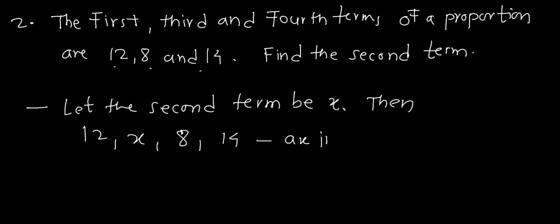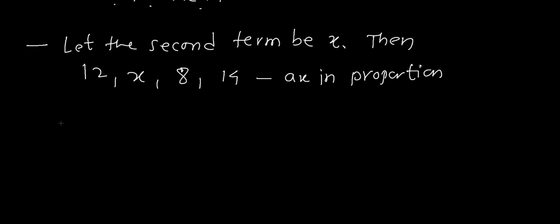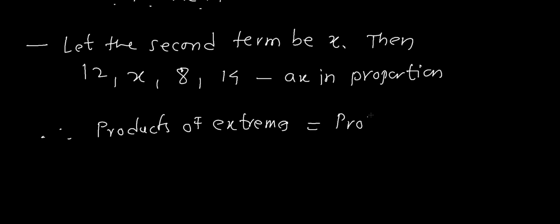are in proportion. That is the given part, they are in proportion. And what is the verification of proportion? How can we verify? Product of extremes is equal to product of means.